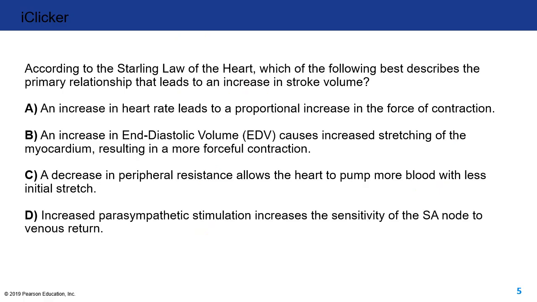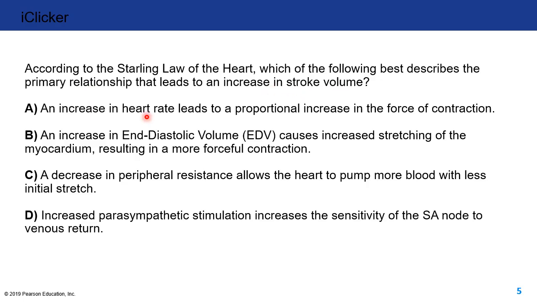All right, so here comes your first iClicker question. The question is saying, according to the Starling law, which of the following best describes the primary relationship that leads to increase in stroke volume?